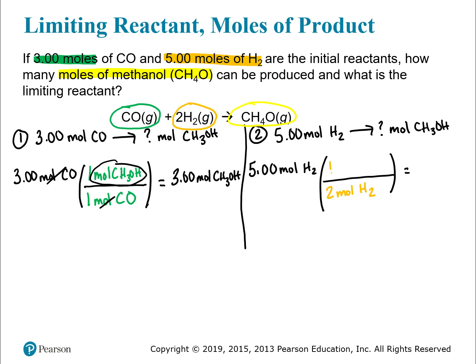At the top, we write how many moles of methanol. So there's 1 mole of methanol produced for every 2 moles of hydrogen gas. Five divided by 2 is 2.5.